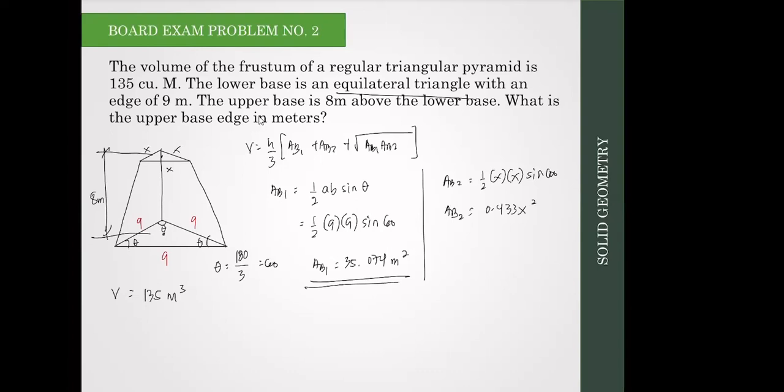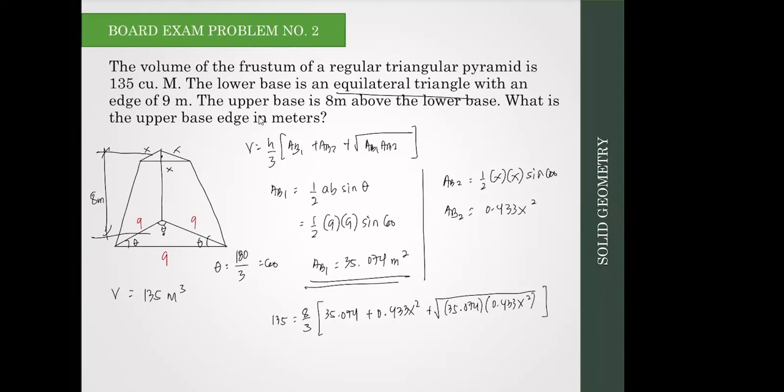Okay? So, gamitin natin yung formula. Volume daw natin is 135 is equals to h over 3. So, 8 over 3. Tapos times AB1 natin is 35.074 plus AB2 na 0.433 x squared plus square root ng 35.074 times 0.433 x squared.